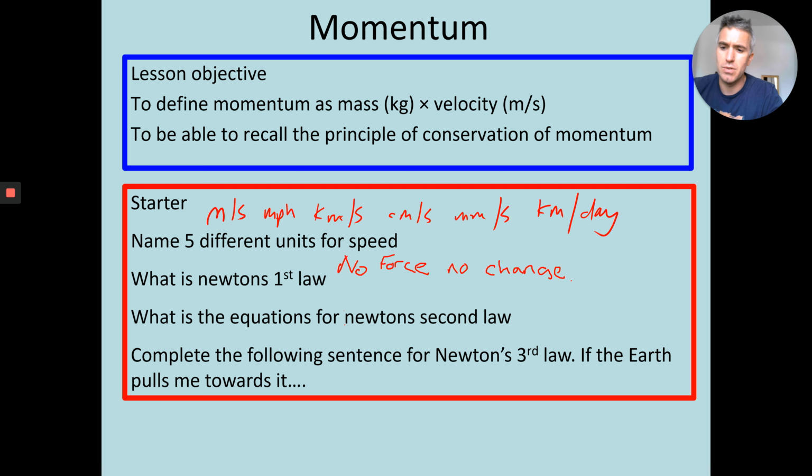If there is no resultant force upon an object, the object does not change. Basically, an object will carry on doing what it's doing if you leave it. I'm trying to write with the mouse, which is really tricky.